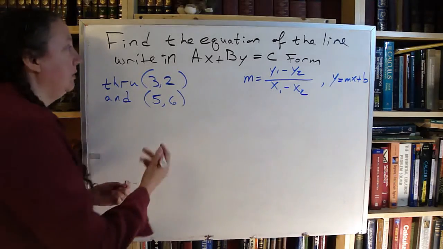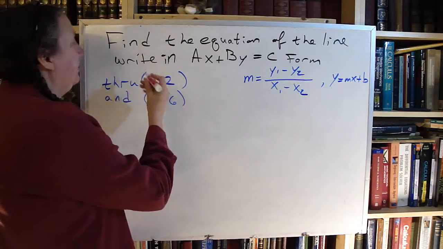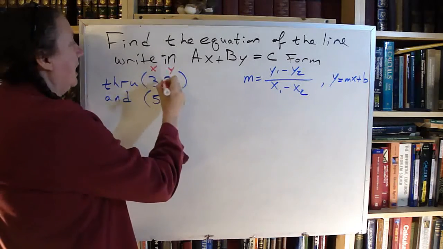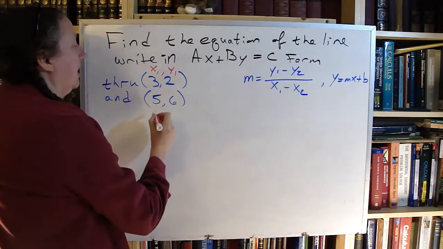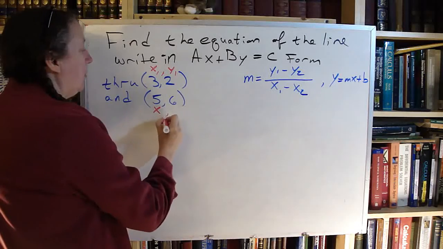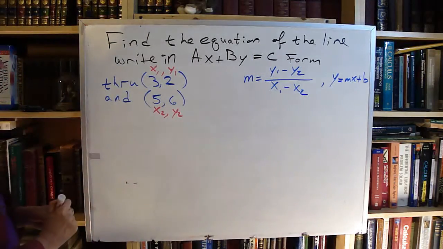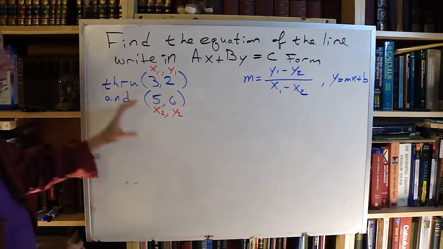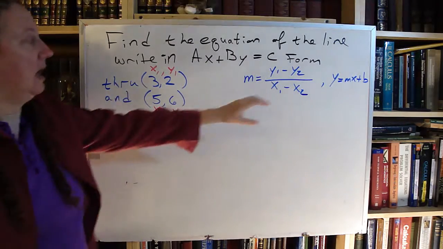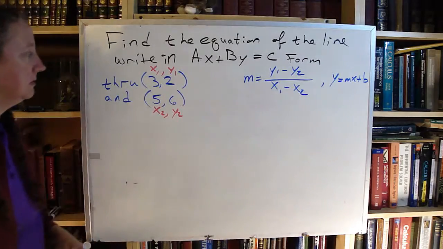Before I do anything else, I am going to label these. My first point, x1, y1, and my second point, x2, y2. Now I can easily pick these numbers up and put them into my slope equation.